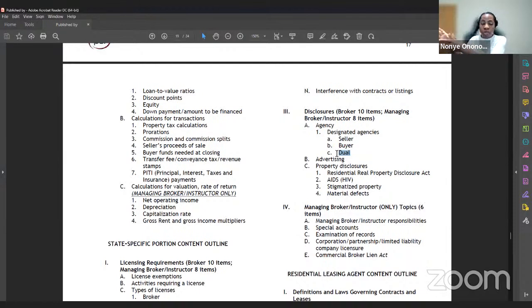The buyer has to agree independently for dual agency to happen. Then if these 2 people want to have a transaction together, then they must sign a document together saying, for this property, we know that this licensee is acting as a dual agent. And because this licensee is acting as a dual agent, these are the things the licensee can and cannot do.